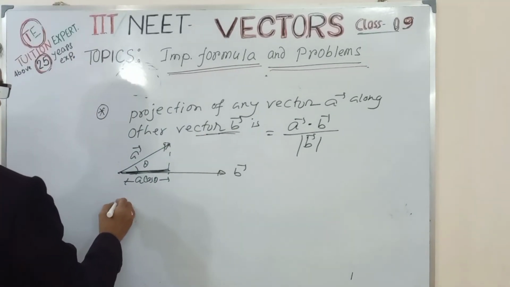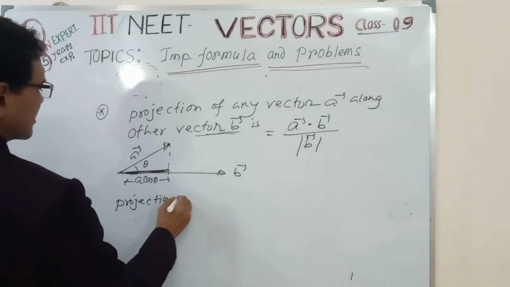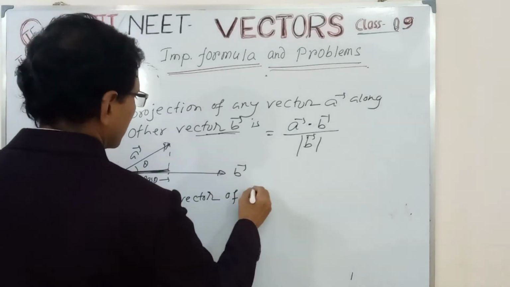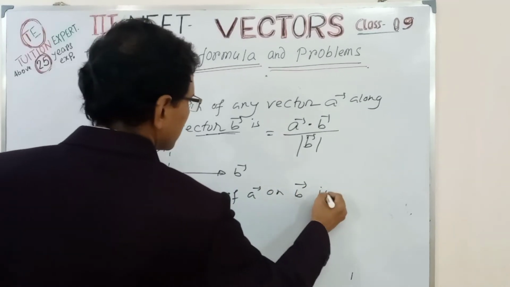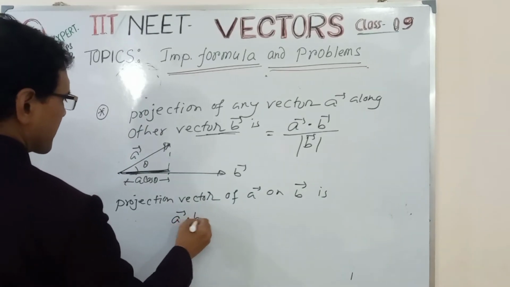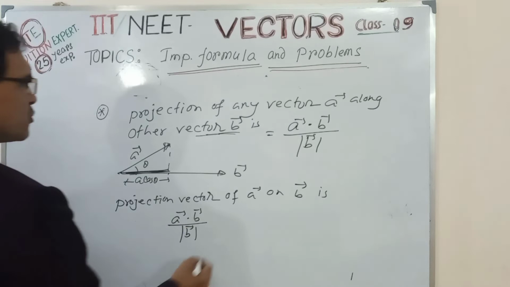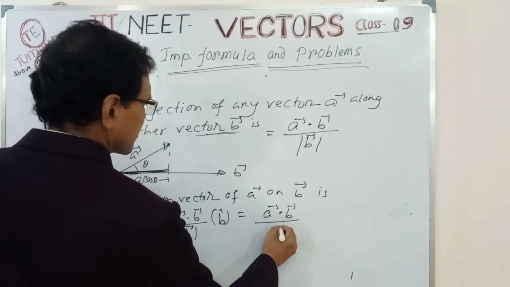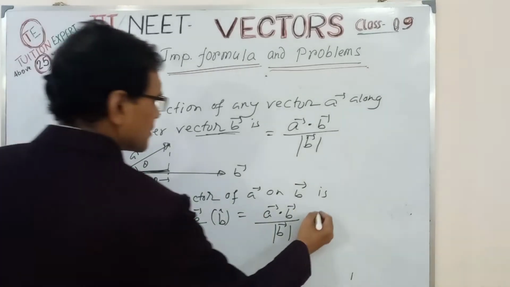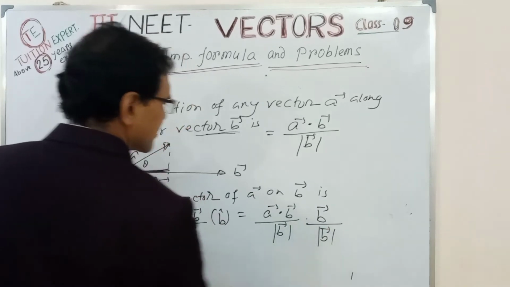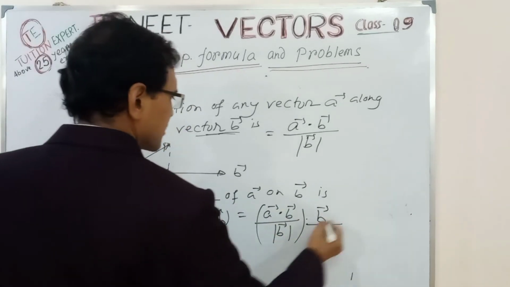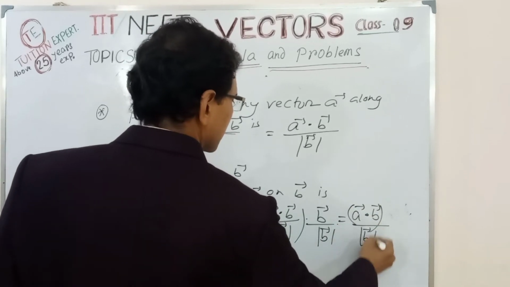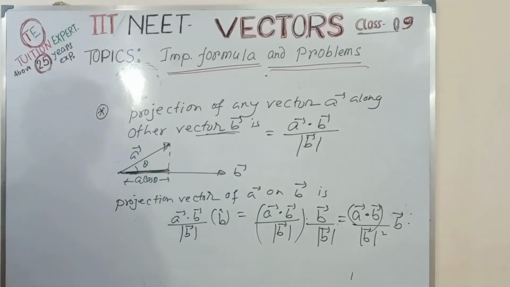Now if you ask for the position vector, then B is into the unit vector of B, which is this. This is the answer.